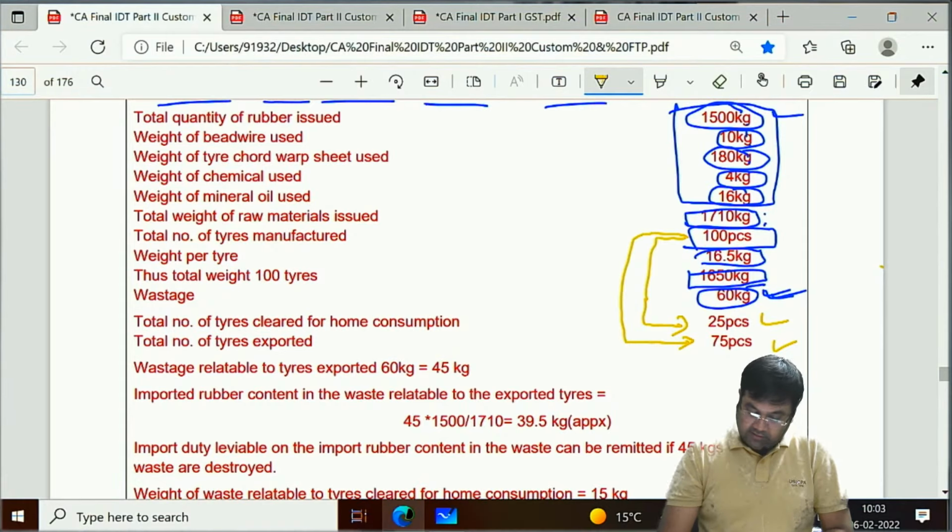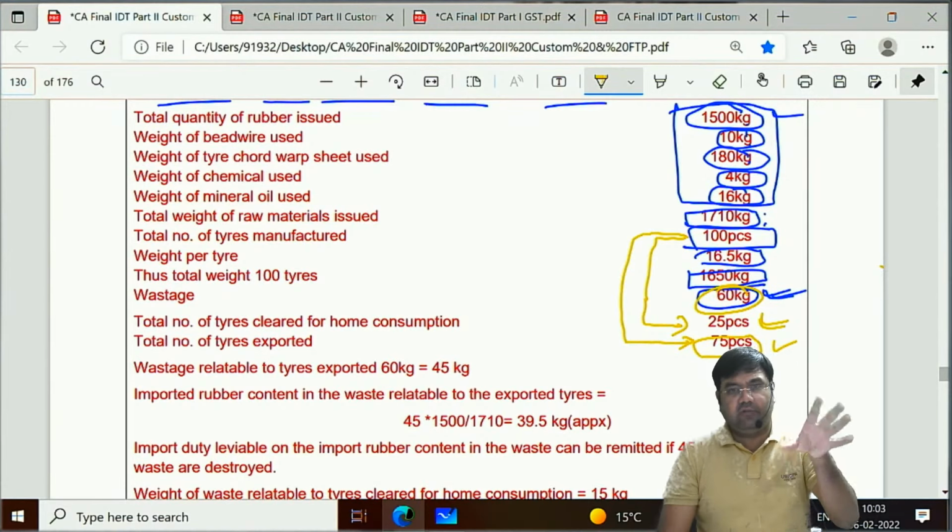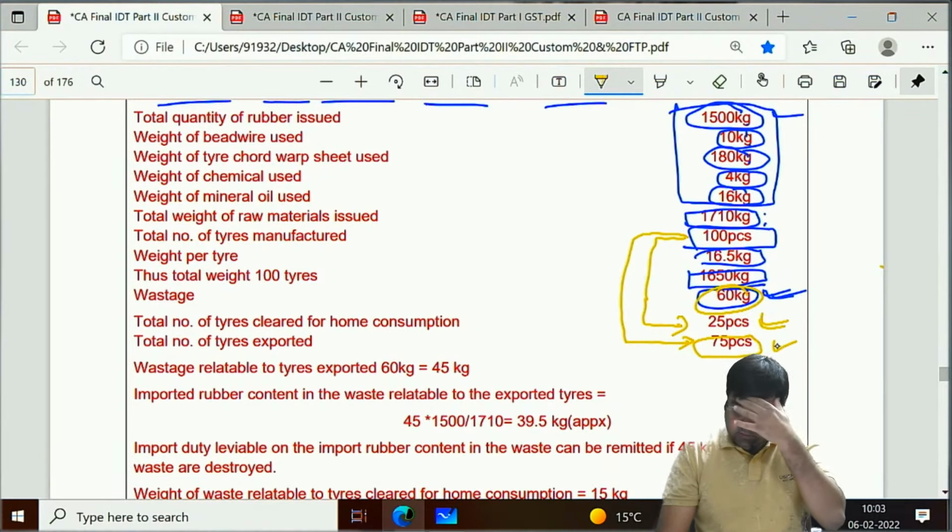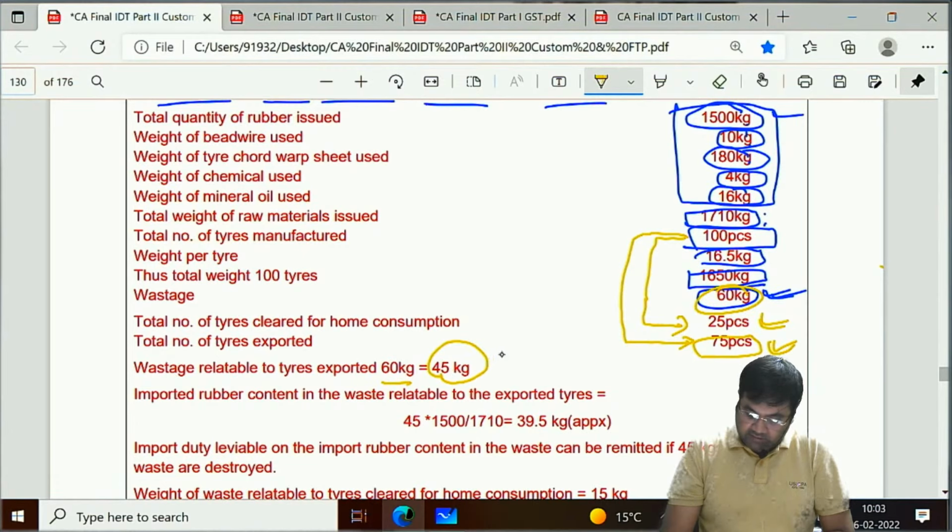So now the wastage related to tires exported: 60 kg was the waste, into 75% exported, 25% home consumption. So home consumption anyway, including the finished goods waste, is taxable. Okay, on that duty needs to be paid. Whatever is related to export we need to see. So 60 kg into, let's say, 75% is exported. So 45 kg waste is related to what? Export.